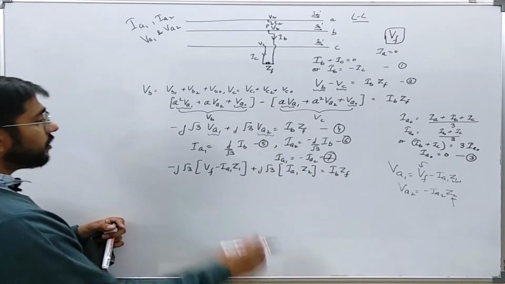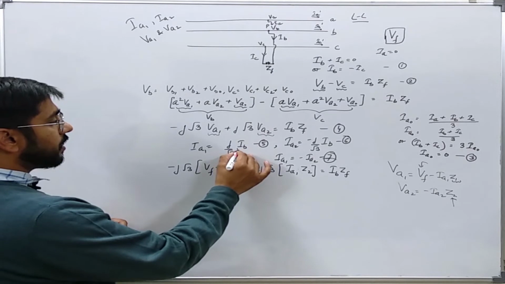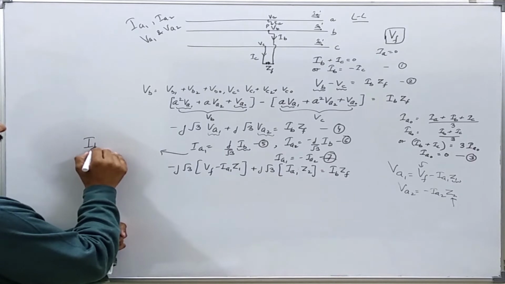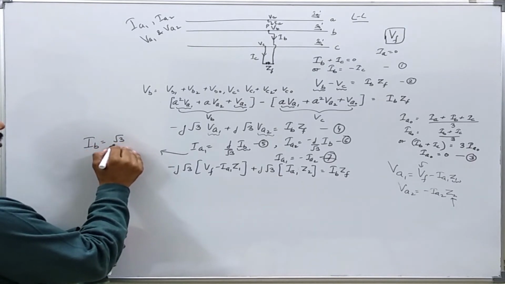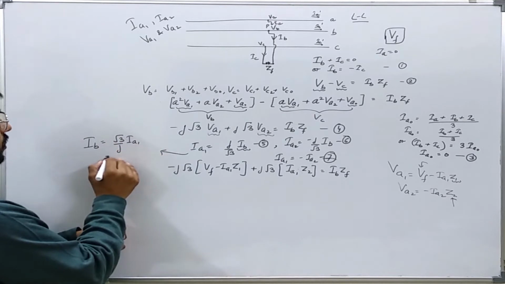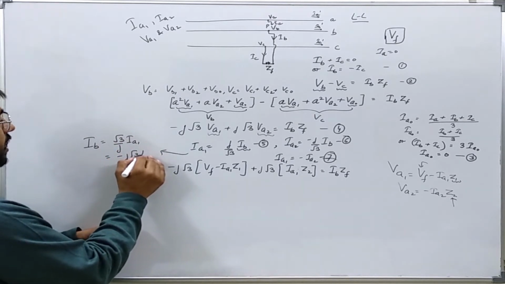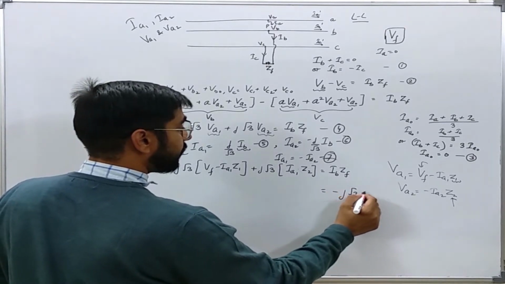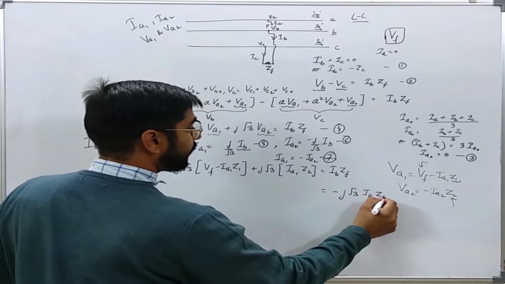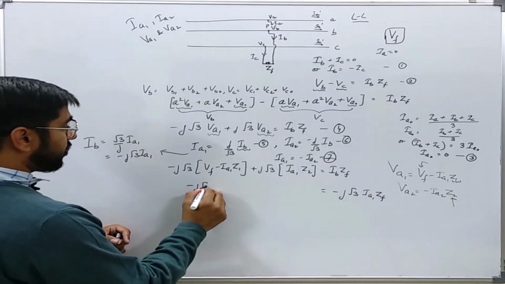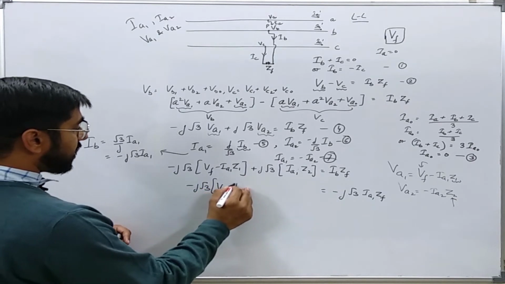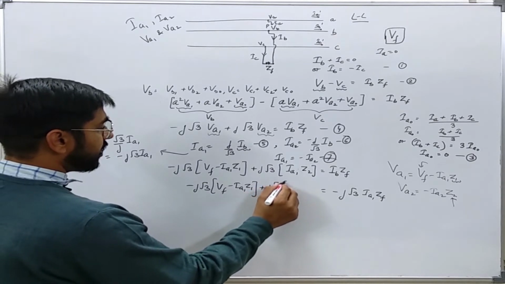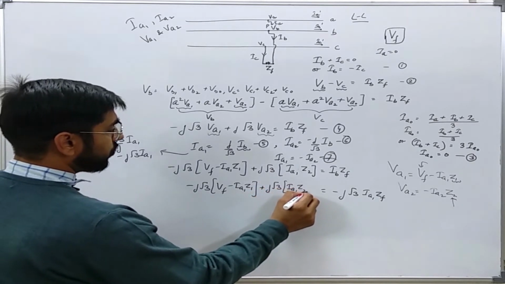Similarly, from equation number 5, I can see that IB is equal to root 3 over j IA1, or minus j root 3 IA1. That we will put here. So minus j root 3 IA1 ZF is equal to minus j root 3 (VF minus IA1 Z1) plus j root 3 IA1 Z2.